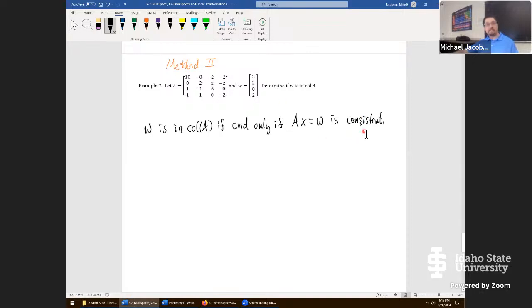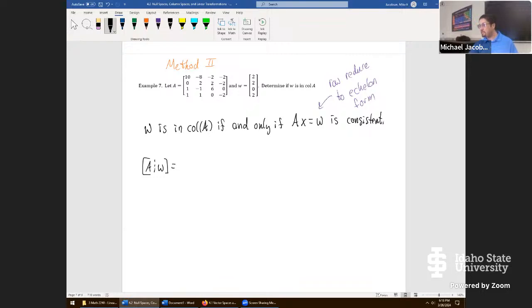All we have to determine is if we have consistency or not. And that means this is just a row reduce to echelon form type of problem. So we would take that matrix A, augment it with the vector w, and just see what happens with that whole thing right there.